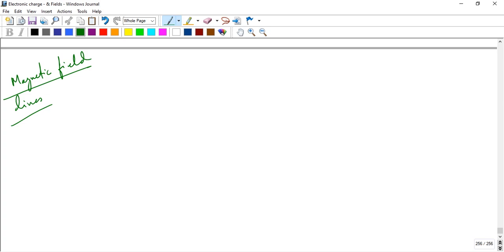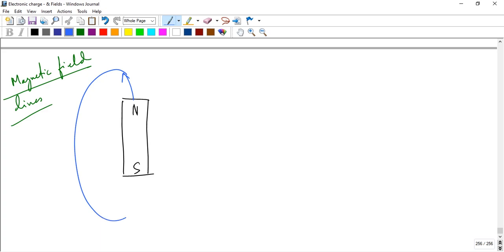Suppose you place a bar magnet here, with a north pole and a south pole. The field lines are released from the north and end at the south, and they don't actually end there, they continue obviously. Like this.